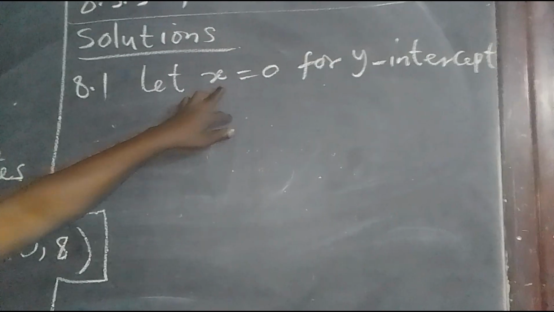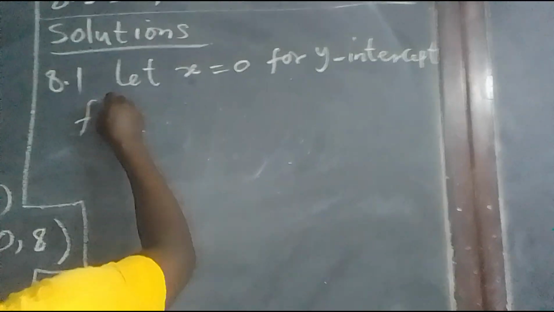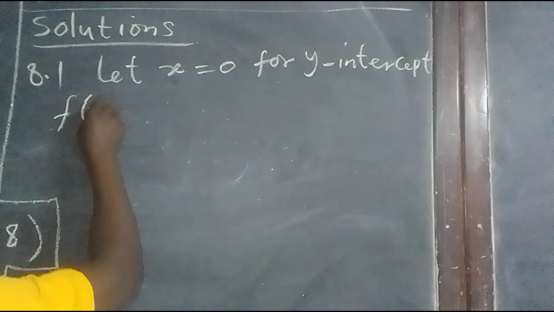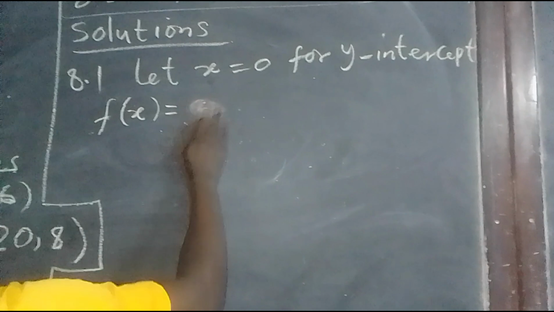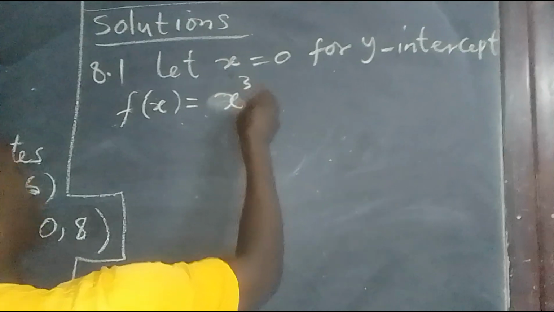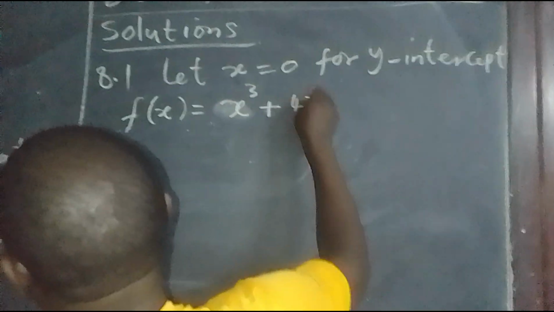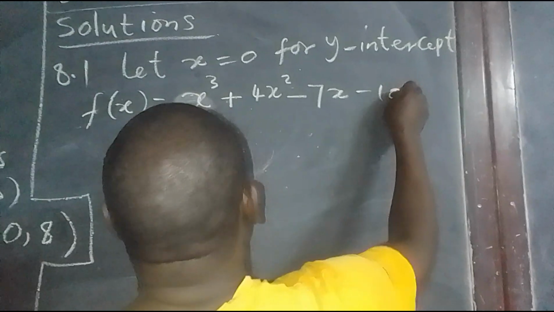Where we find y, we put x as 0, so f(x) equals x cubed plus 4x squared minus 7x minus 10.